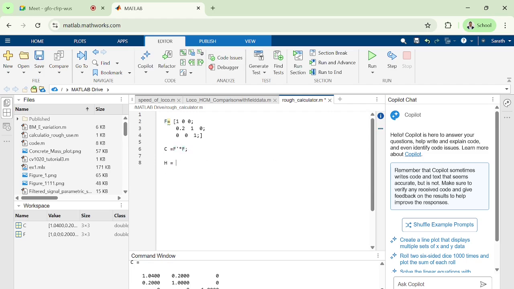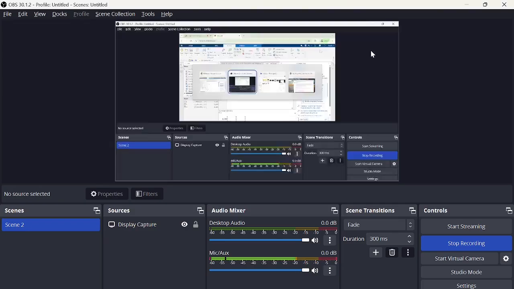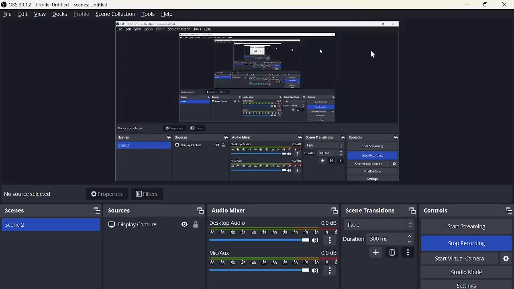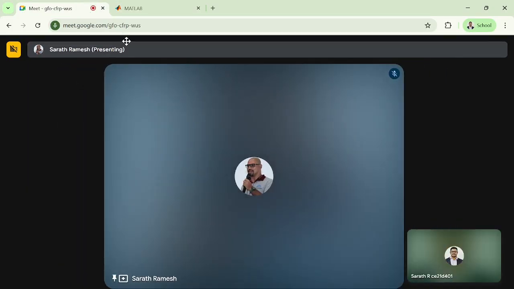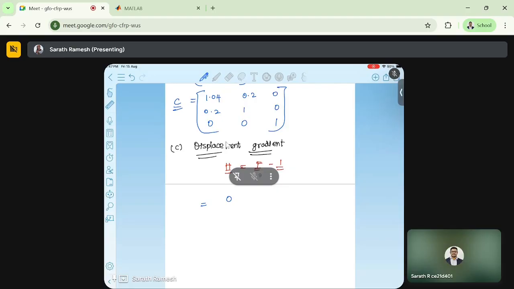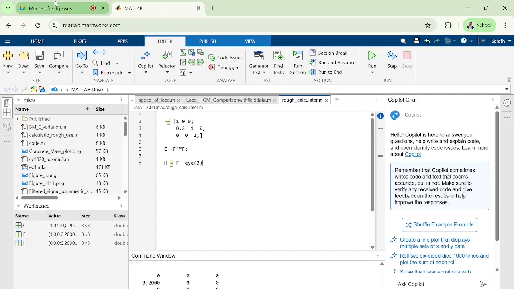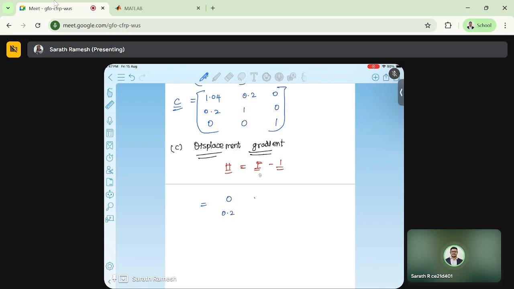H is equal to F minus eye(3), which will create a 3 by 3 identity matrix. So this will give us 0, 0, the second entry 0.2, and the rest of the things are 0.